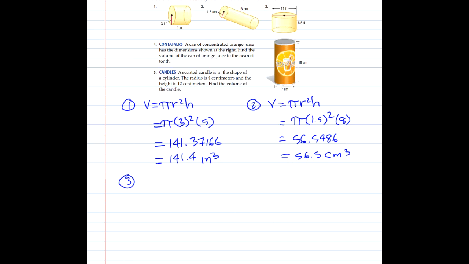Problem number 3. This time I have diameter. So if diameter equals 11 feet, then 11 divided by 2 is 5.5. Therefore, my radius is 5.5, in this case feet. Volume equals pi r squared times the height. Pi times my radius, which is 5.5, squared times my height, which is 6.5.